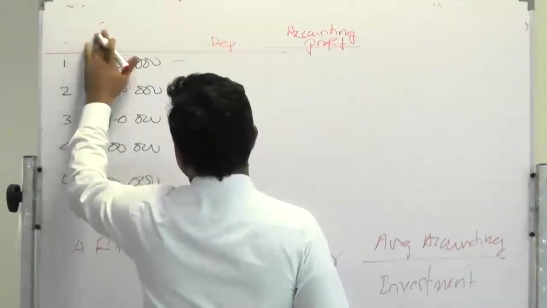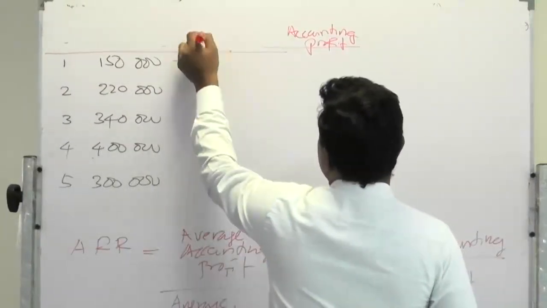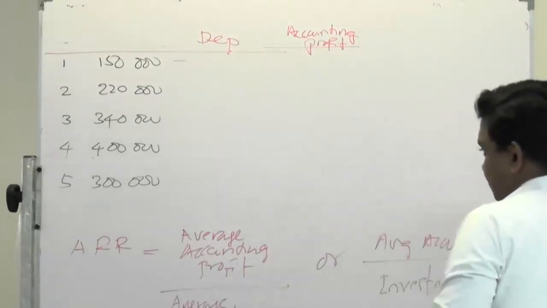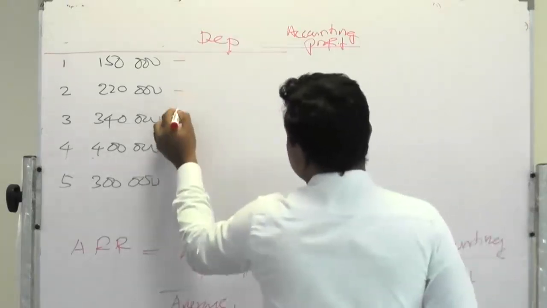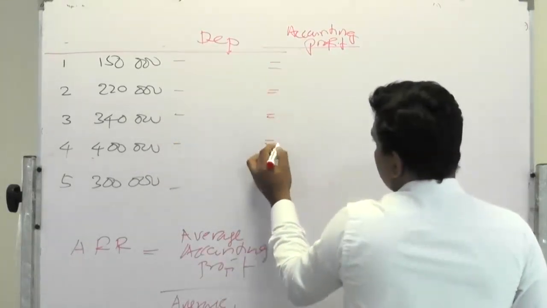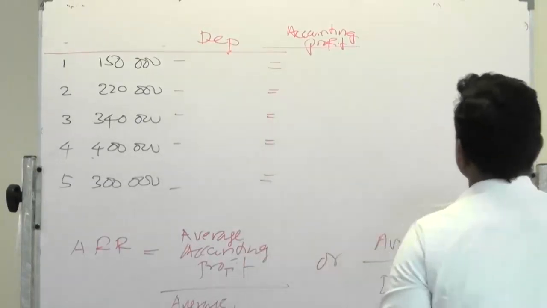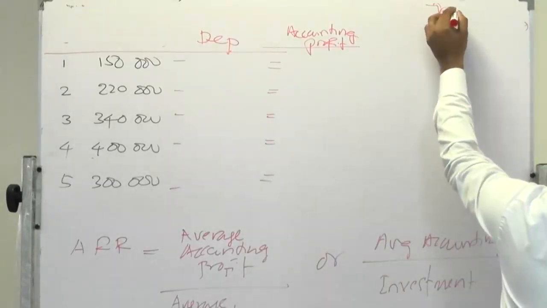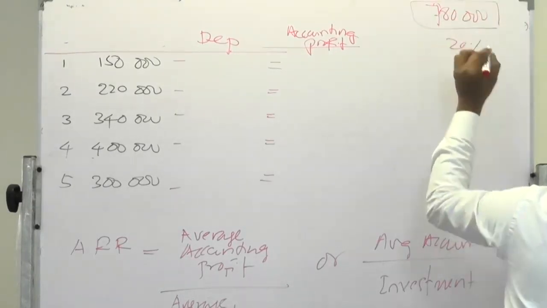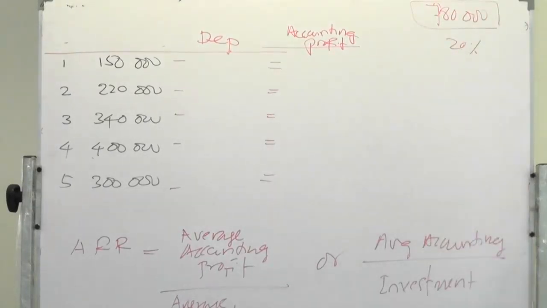Let's remove the investment here. You need to reduce depreciation to have the accounting profit. This question clearly mentioned the cost of the investment, 780,000, will be depreciated at 20% per annum on a straight line basis.